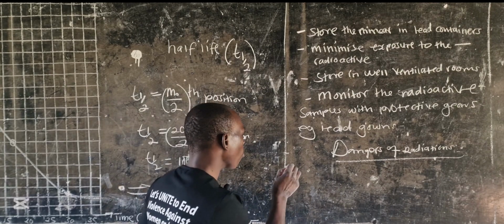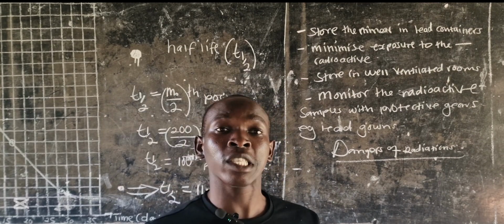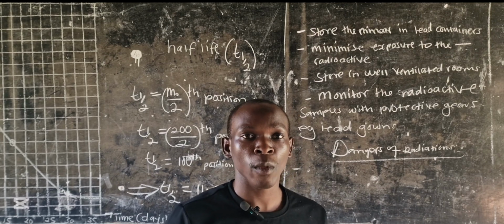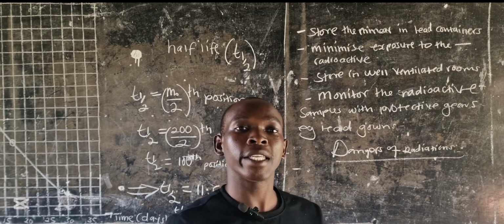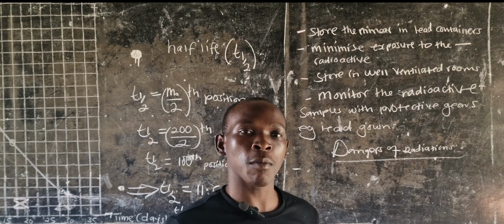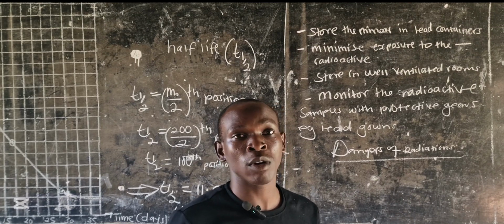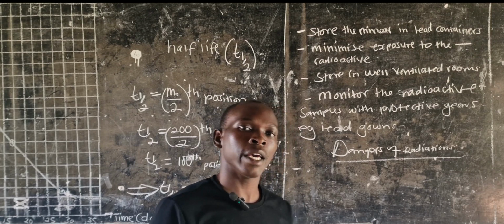One, they have both long-term and short-term effects. However, in this point, you can just randomly give. They have not told you to give the short-term or long-term effects or dangers of these radiations, but you can just give any.